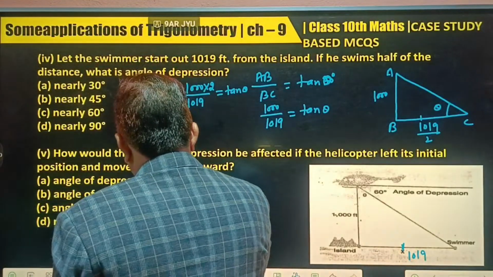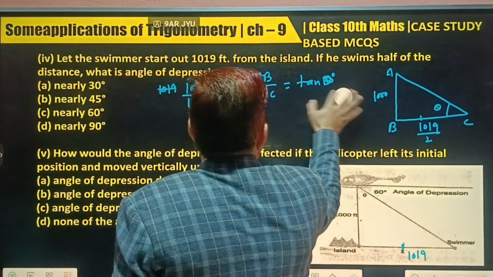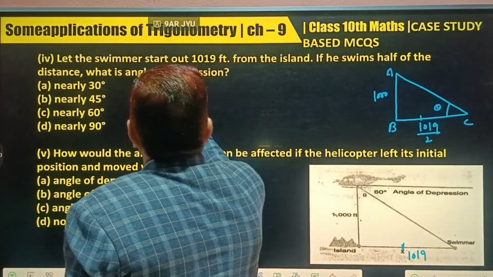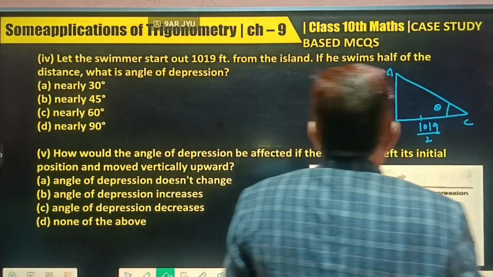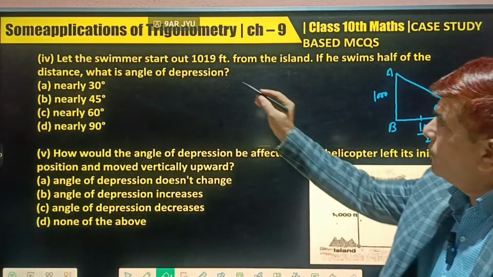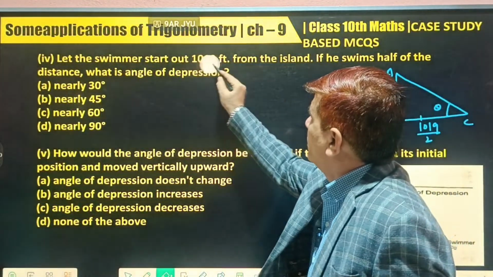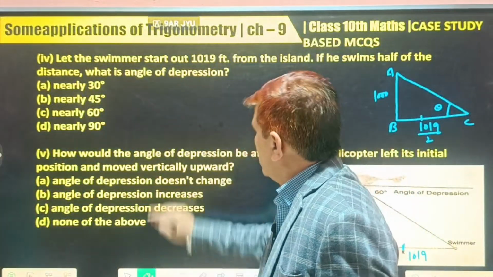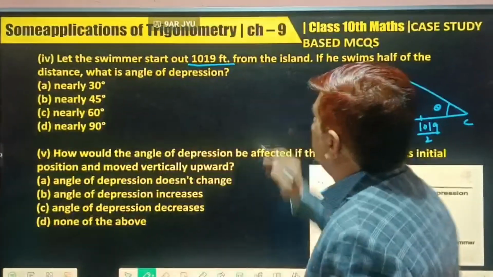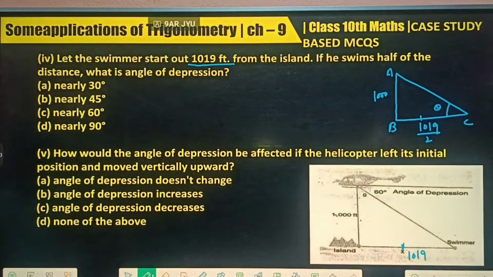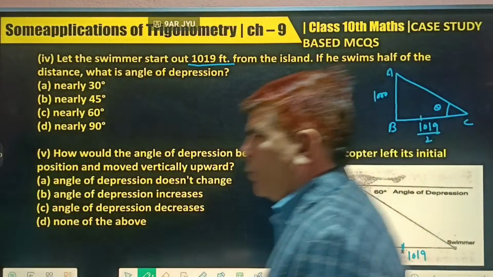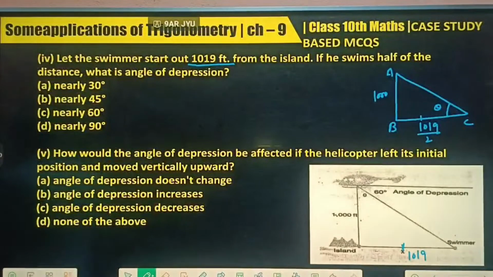Just wait. What is it saying? Let the swimmer start out from this many feet from the island. If you swim half of the distance, what's the angle of depression? So how can you calculate?